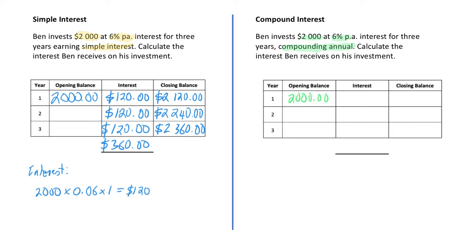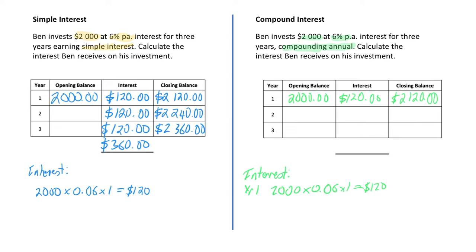His interest calculation for year 1 is still going to be the same. It's still going to be $2,000 times 0.06 times 1, which is $120. So $120 interest, his closing balance, $2,120.